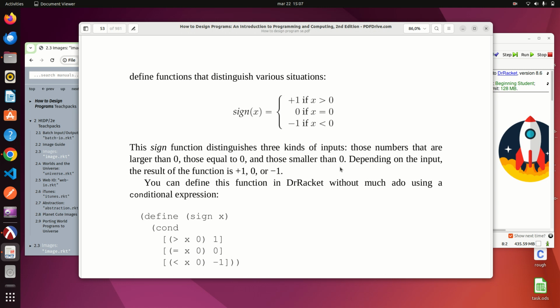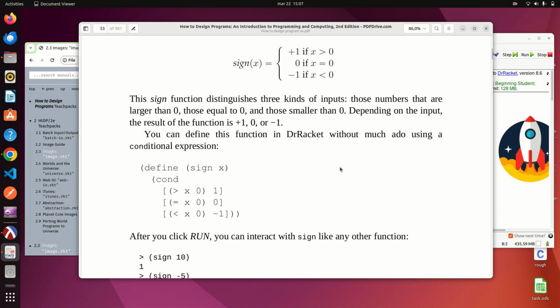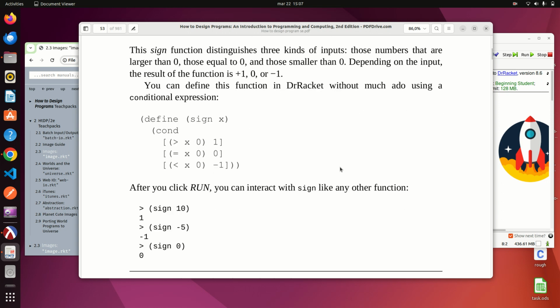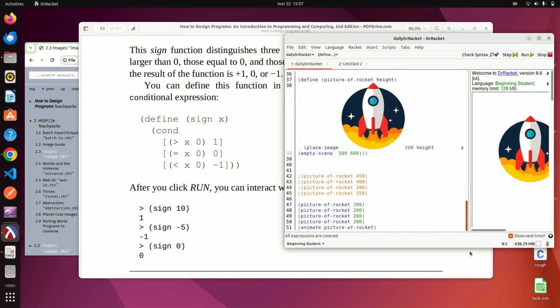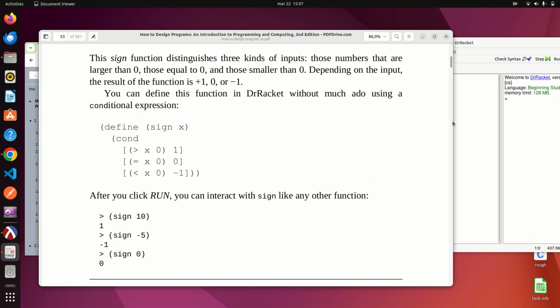Depending on the input, the result of the function is plus 1, 0, or minus 1. You can define this function in Dr. Racket without much ado using a conditional expression. If statements are very important in actual programming.